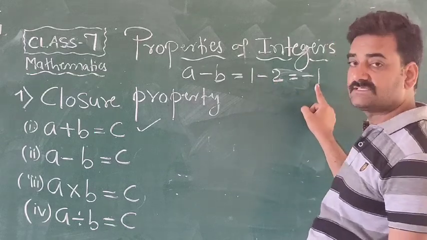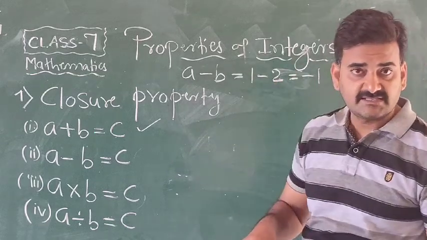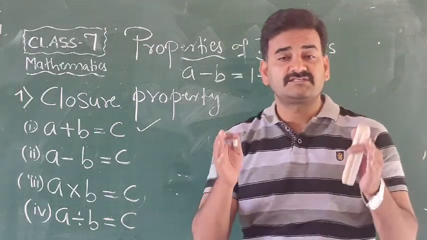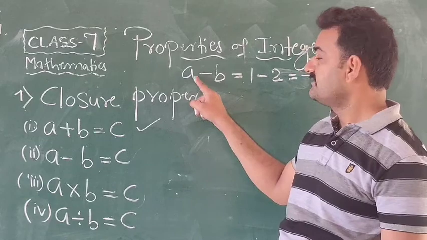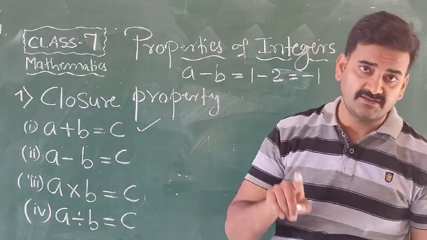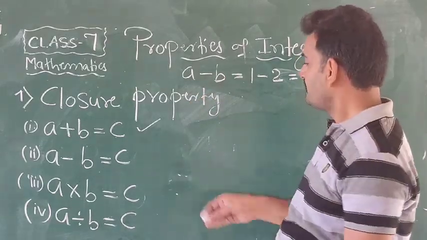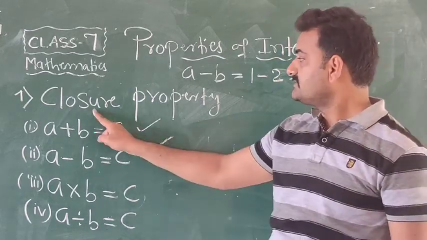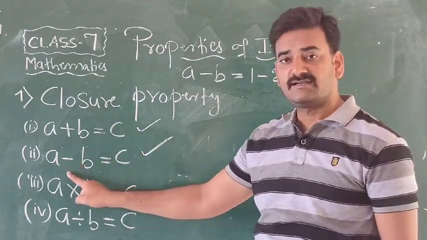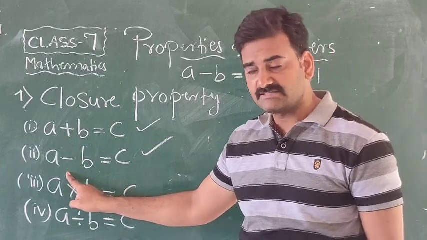We are getting minus 1 as the answer. That is also integer. That means when we subtract any two integers, we are getting one more integer. So this is also satisfied. That means closure property holds good under subtraction.